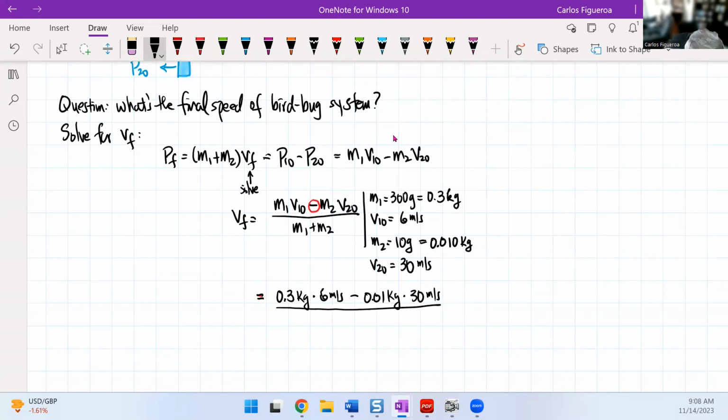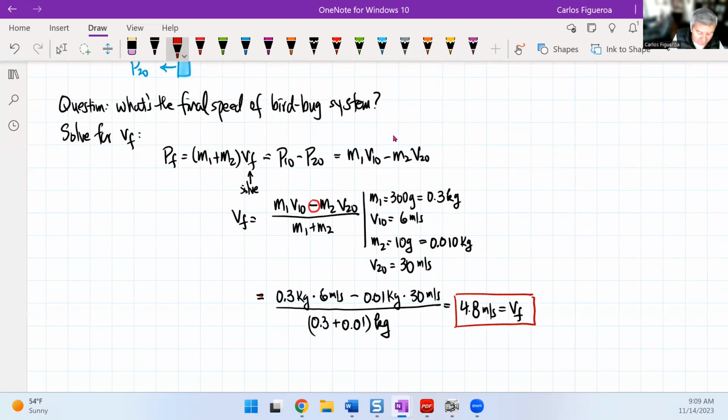And then I'm going to divide by the quantity 0.3 plus 0.01 kilograms. And the final speed that I get here is 4.8 meters per second for V final. So that tells me the speed of the bird.